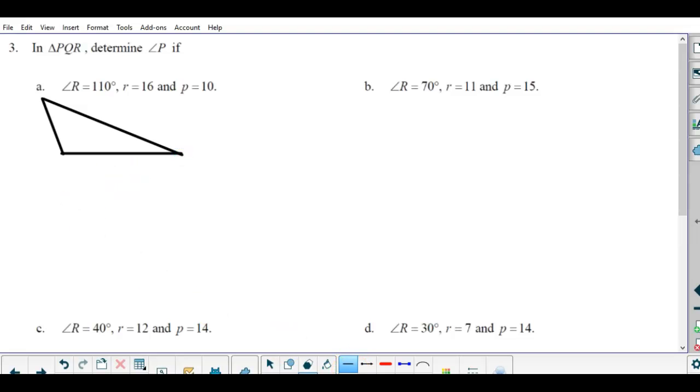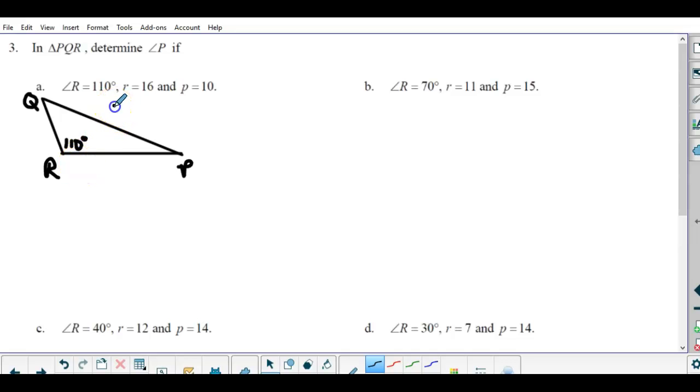So this would be my angle R. And then you decide what you want, P or Q. So I'm going to do P here and Q here. Maybe I'll switch them around just because we were doing a known angle at the bottom before. Okay, so I'll do P here and Q here. All right, so R is 110.